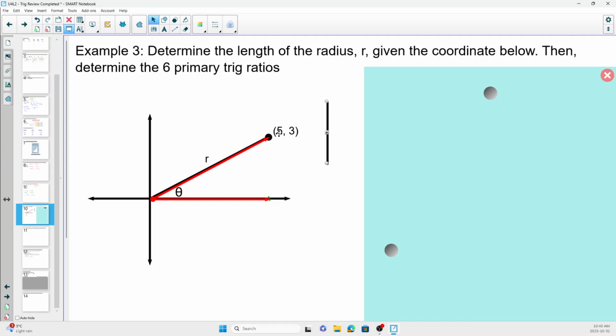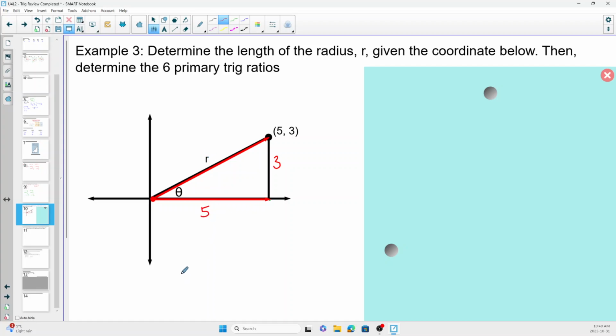So if this is the coordinate 5, 3, that 5 is the x value of this coordinate, which is the horizontal distance from the origin, and the 3 is the y value, which is the vertical distance from the origin. That's where we can put this line in here, and we end up with this nice right angle triangle, where the vertical distance from the origin is 3, and the horizontal distance from the origin is 5.